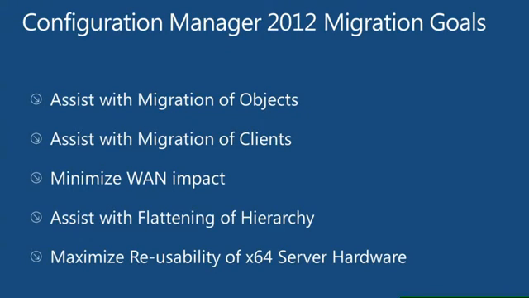Minimize WAN impact. This one's a very important goal that we had. Early on in the process, we were doing a migration, and one of my peers went out to a site, and they did a migration of a bunch of the content, and they didn't pay attention to the WAN links they were using, and they took down the WAN. So it was over in Germany, and it was 2 offices. I think it was 50 kilometers apart.